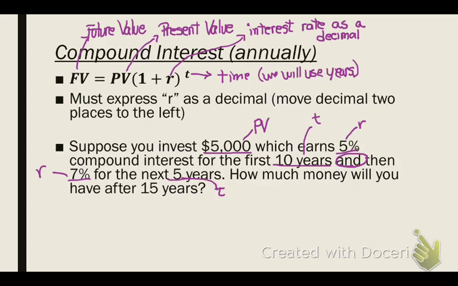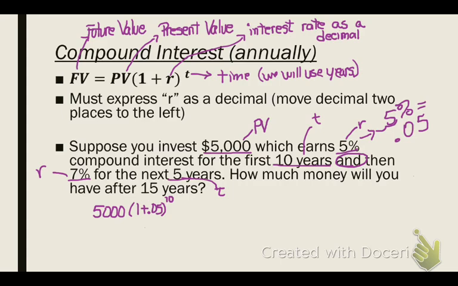So I'm actually going to have two problems kind of stuck together here. I'm going to take my original 5,000, and I'm going to say that times 1 plus my 5% interest rate expressed as a decimal, which would be 0.05, raised to 10, because the first 10 years I'm earning 5%.